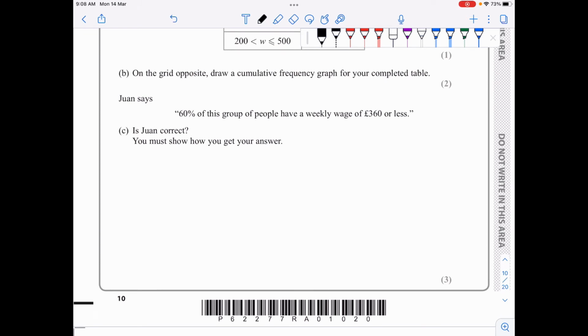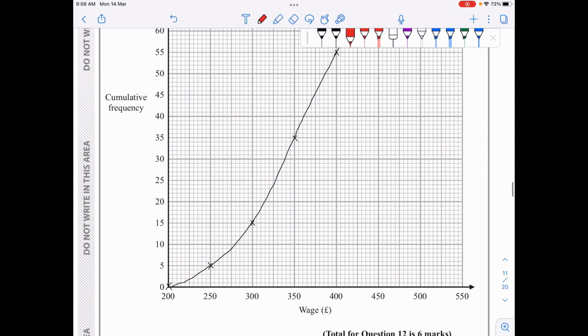Juan says that 60% of this group of people have a weekly wage of 360 pounds or less, and we need to determine whether Juan is correct. So I will go at 360. 360 is here. I got 40. You might get similar answers. Remember, we are following off from each one of your cumulative frequency curves.